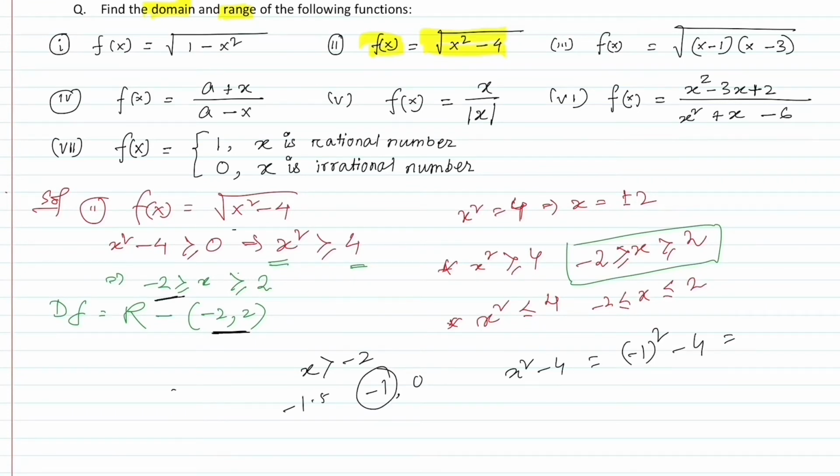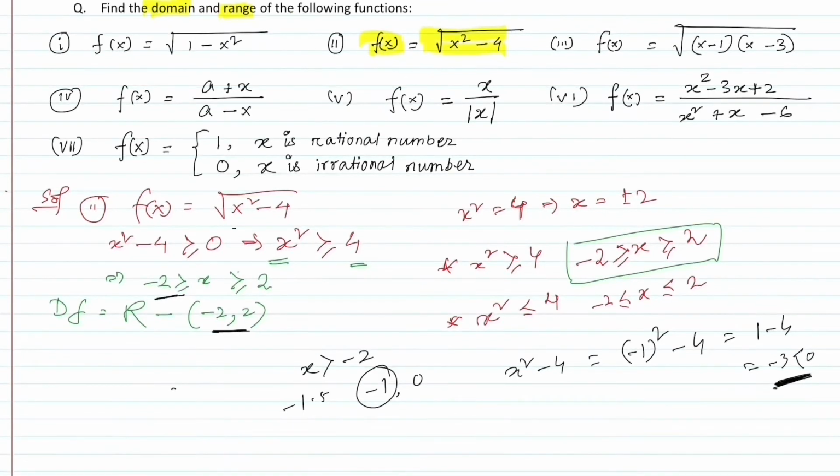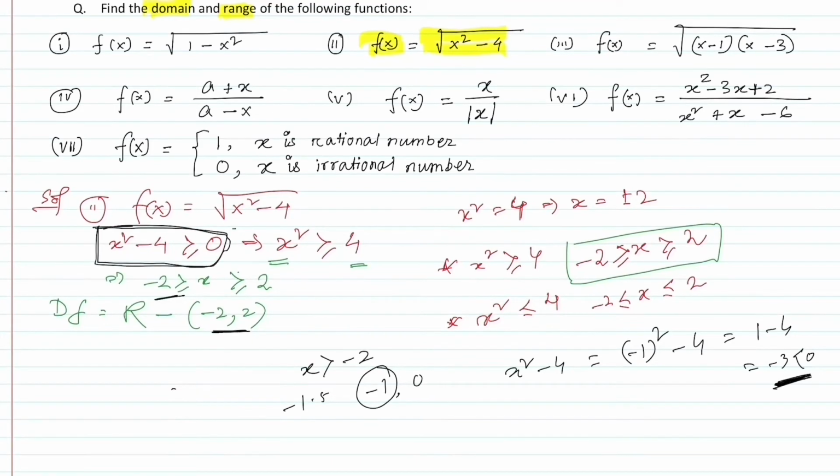So -1 square minus 4 will be what? 1 minus 4, that's equal to -3. So we have got -3, which is less than 0. Okay, but we have already mentioned here that x square minus 4 is greater than or equal to 0. It should not be less than 0.